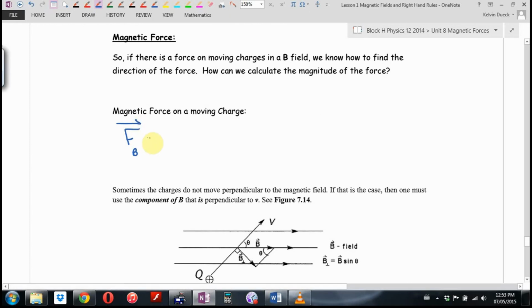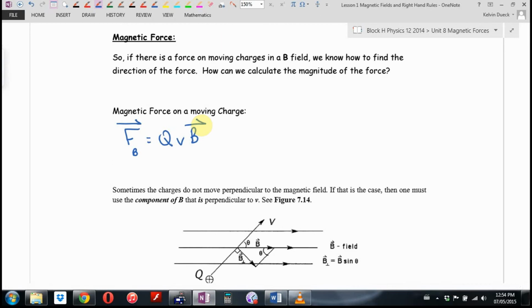It depends on how big the charge is. If you're just moving a charge, we're going to get to a wire in a second, but if you're just deflecting a charge, it depends on how big the charge is. It depends on how fast it's traveling, its speed. And it depends on the magnetic field.